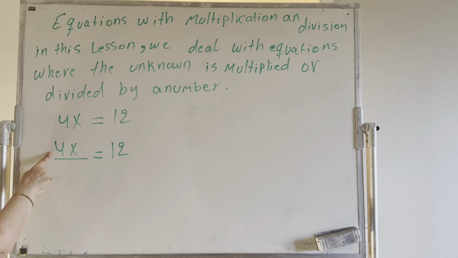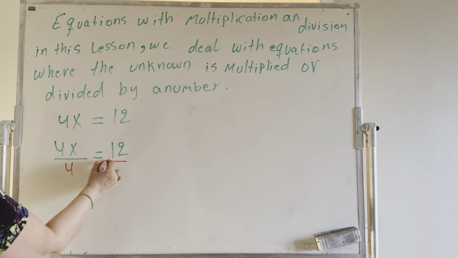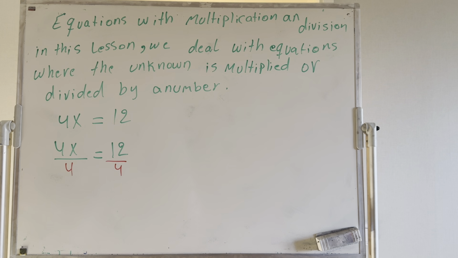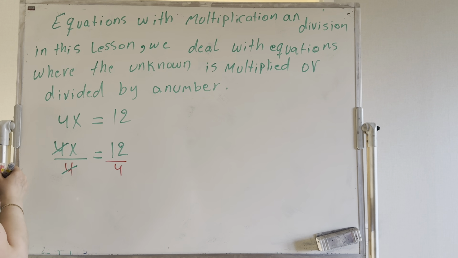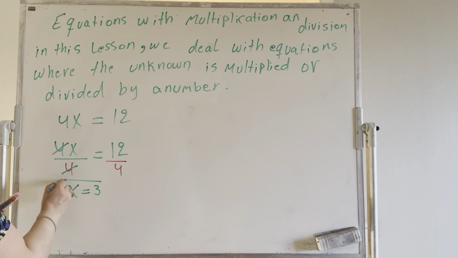Here we have 4 times x equal 12, and I want just x, so I divide both sides by 4. The opposite operation to multiplication is division. And shorten 4 with 4, and x equal 3.